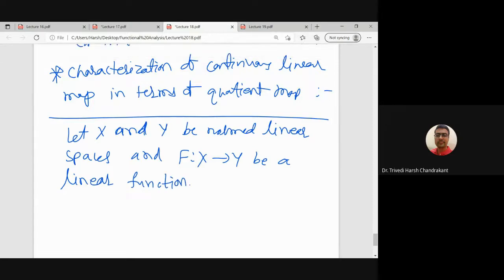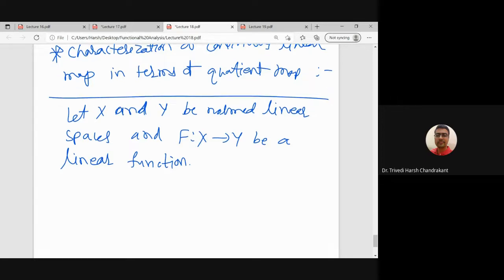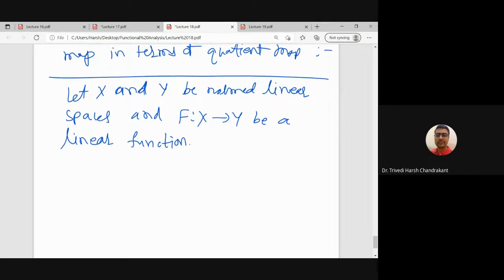We know that the zero space of f is a subspace of x. What is Z(f)?